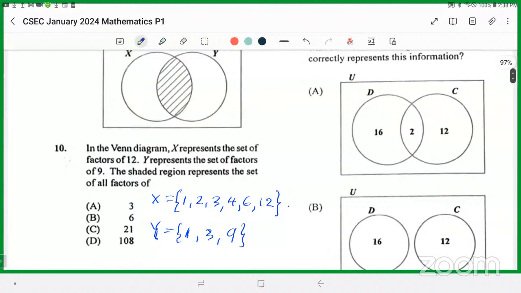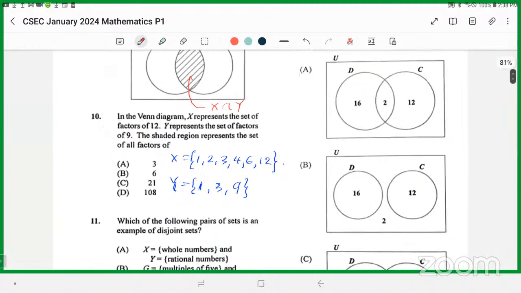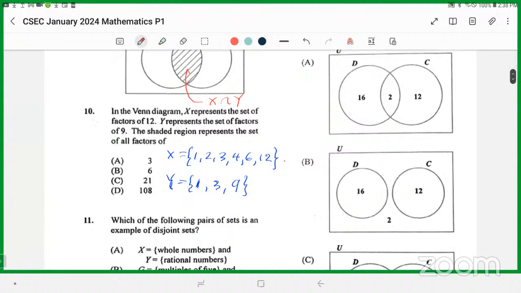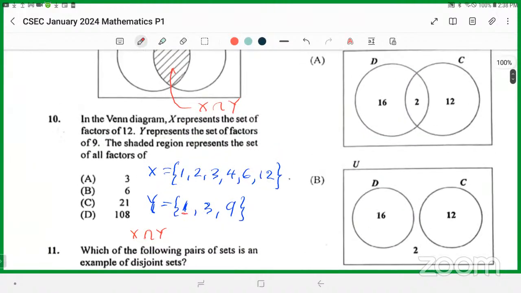And then the shaded region here really represents the intersection. So you can make a note of that. We're looking for the intersection, which is X intersect Y. So we need to work out what X intersect Y is. X intersect Y is going to be 1 and 1, 3 and 3. That is the set 1 and 3.